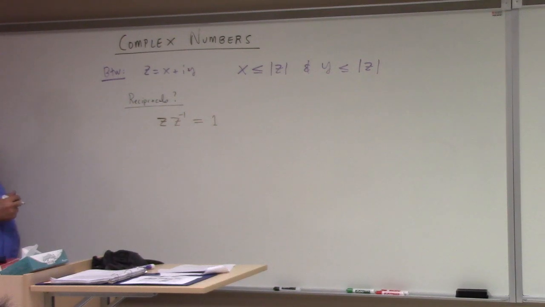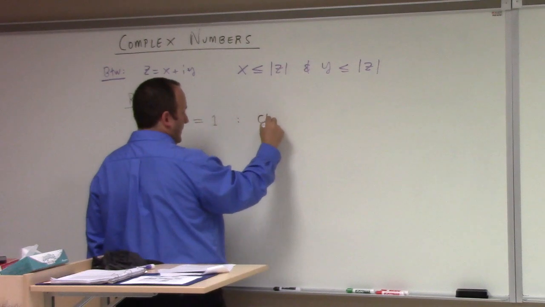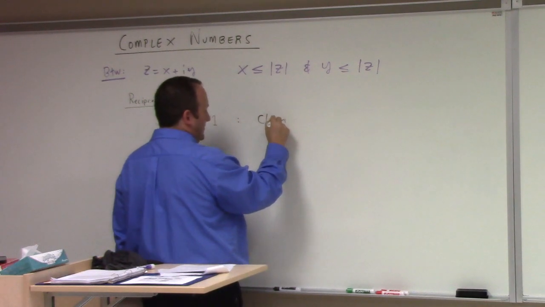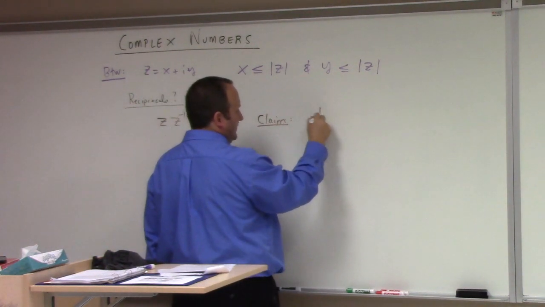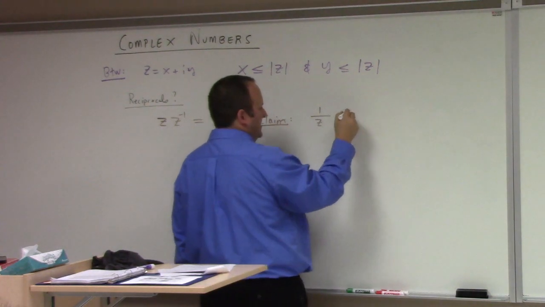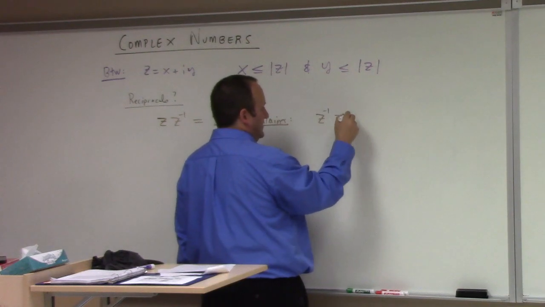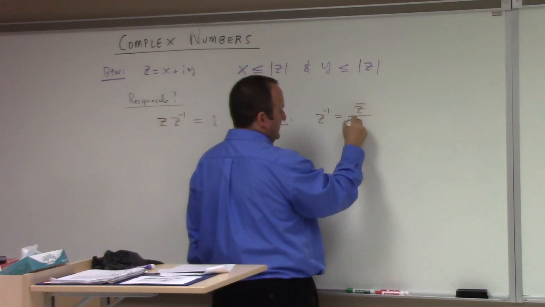So here's a game you can play. My claim, and you could derive this, but here's just a sneaky trick. We're going to say z inverse is equal to z bar over |z| squared.